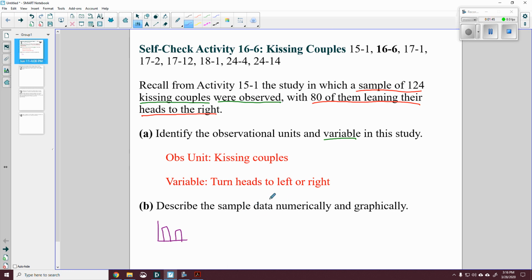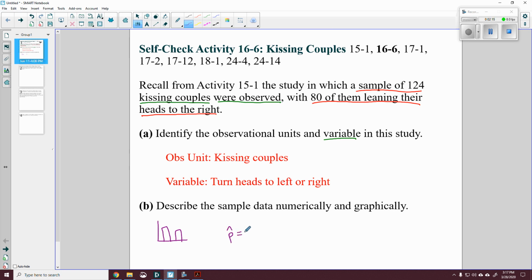But describing the sample data numerically, well, that is kind of important. Really what they're asking me for is a statistic. And I want to know the proportion, because that's what we deal with when we're dealing with categorical variables, the proportion of kissing couples who lean their heads to the right. Since it is from a sample, that is a p hat.